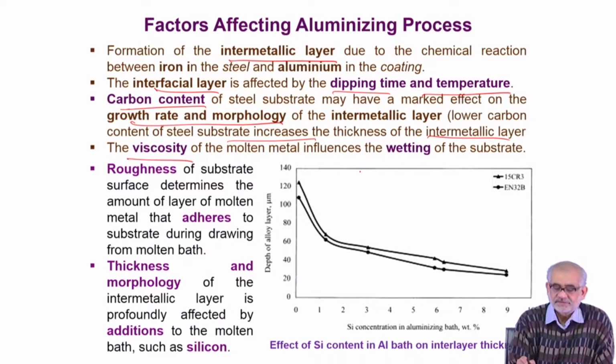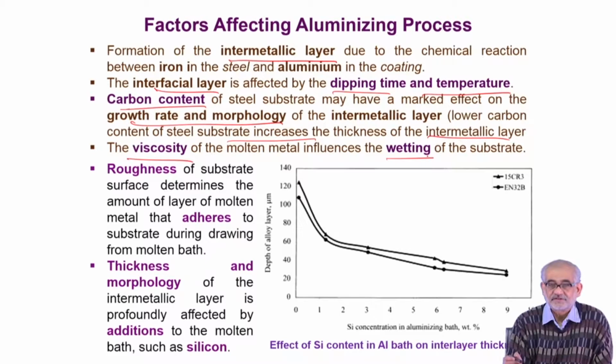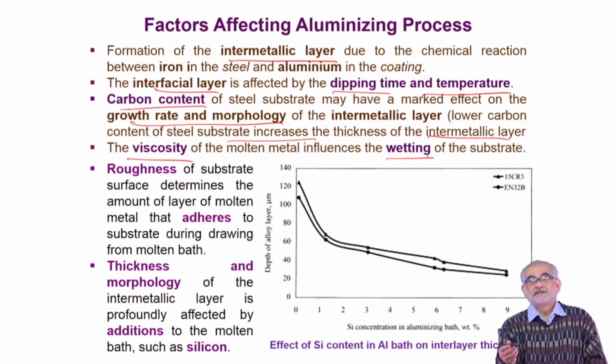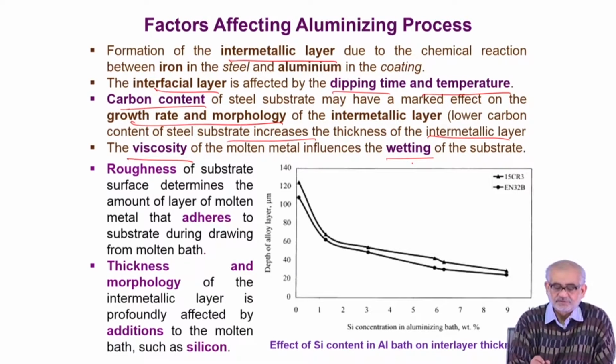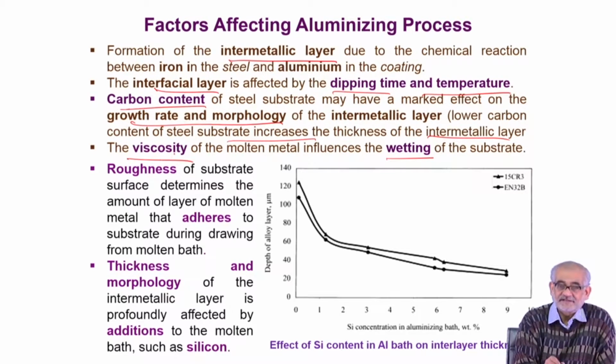The molten metal viscosity, the bath we are talking about, is very important, and also the wetting conditions, the wettability or the angle of wetting, also is very, very important. So we may at times add certain additives to change the bath composition so that the wettability increases at the surface. The surface roughness, we are talking about the component which is being coated.